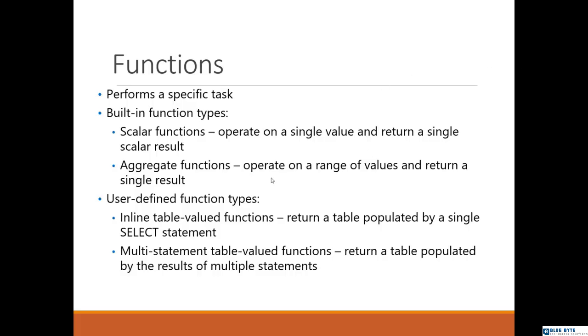With user-defined function types, we have inline table-valued functions. This one returns a table populated by a single select statement, and we don't need to configure the structure of the table that the function returns, while in the multi-statement table-valued function, we have to declare the structure of the table the function returns.